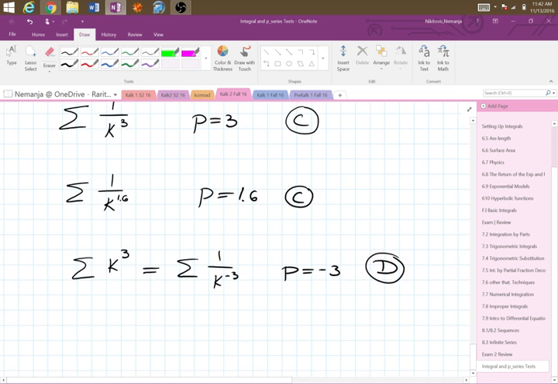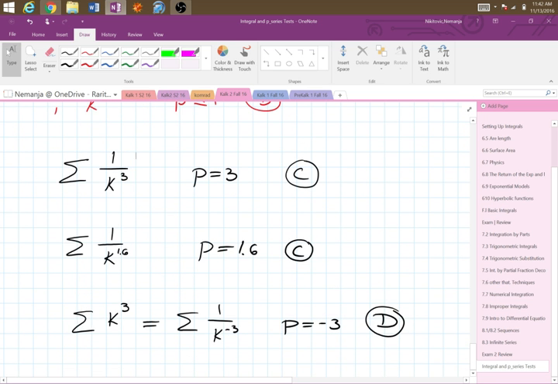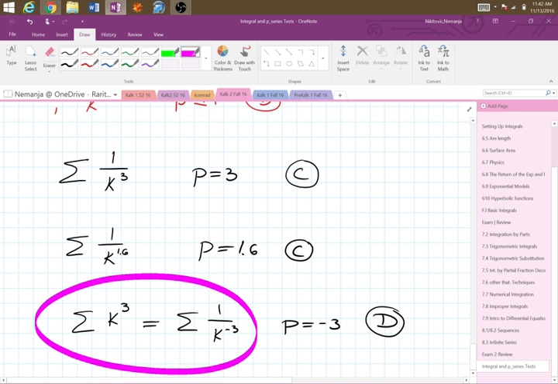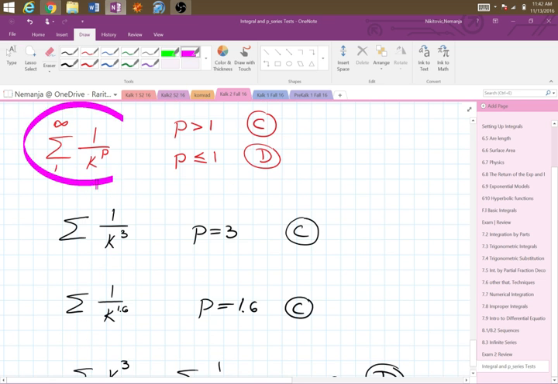So these are very fast examples, because the p-series is just memorizing what the value of p is and possibly remembering that you might have to switch the way it's written in order to fit the requirement of how the p-series looks: 1 over k to the p or 1 over n to the p, depending on which variable you like to use better.